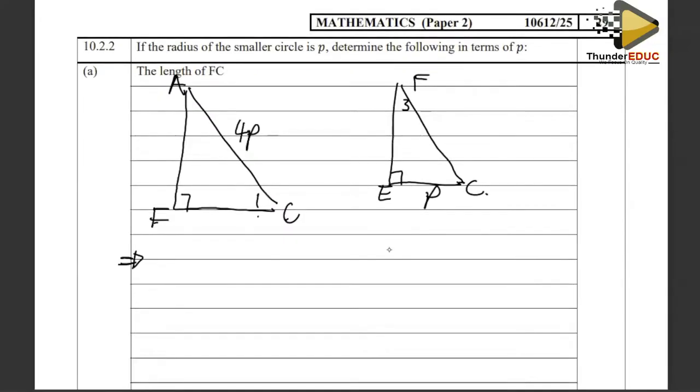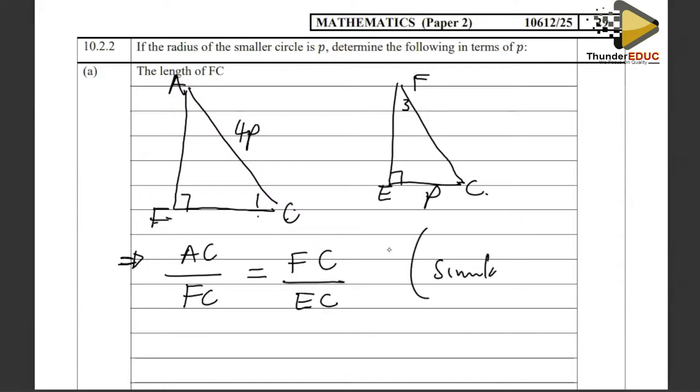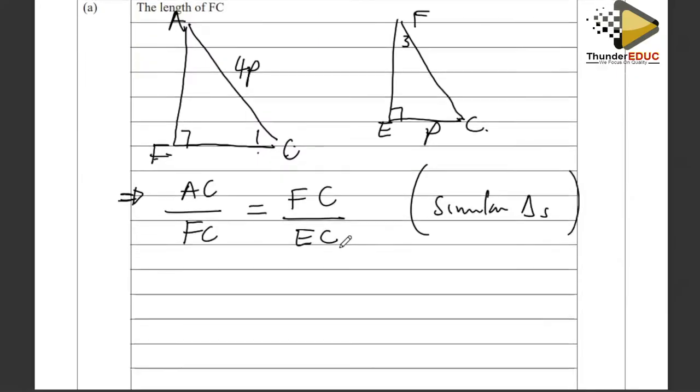So I'll say that if I have AC divided by FC, it will be the same as someone getting FC divided by the EC. Reason is going to be similar triangles, or you can tell us that those two triangles are similar.